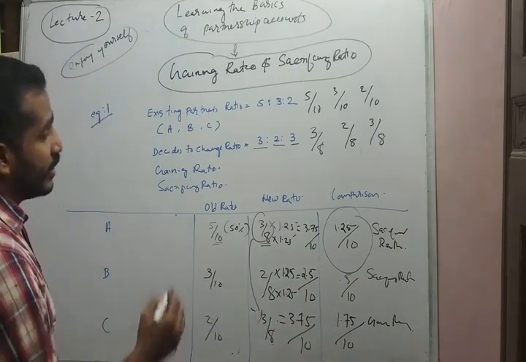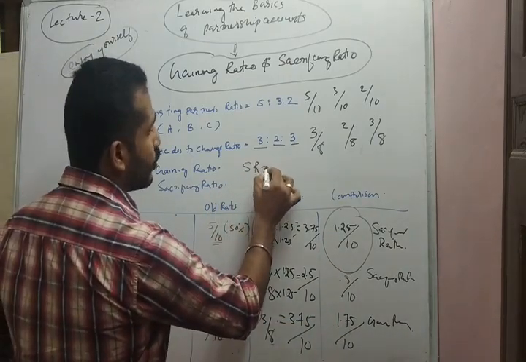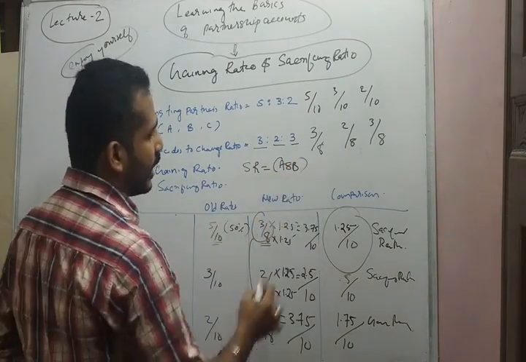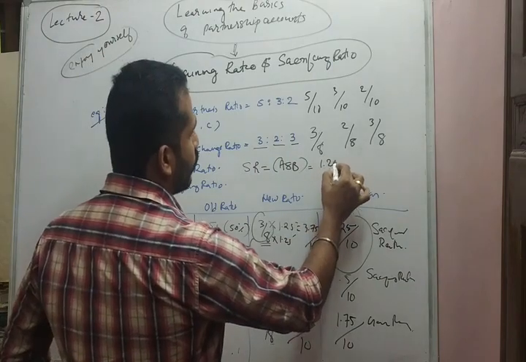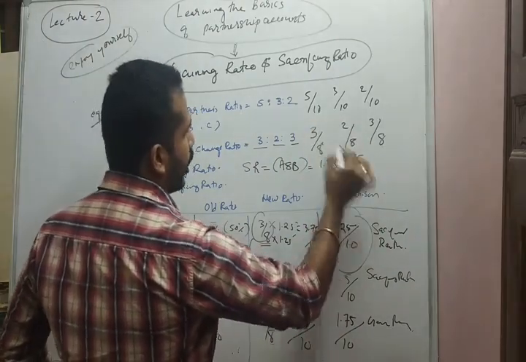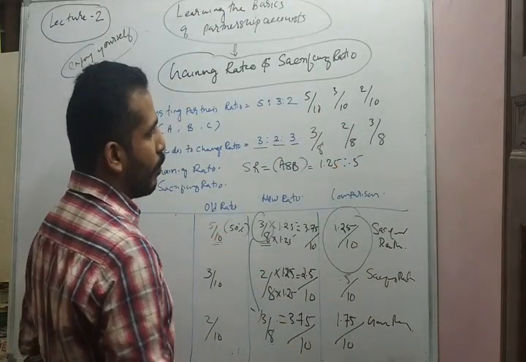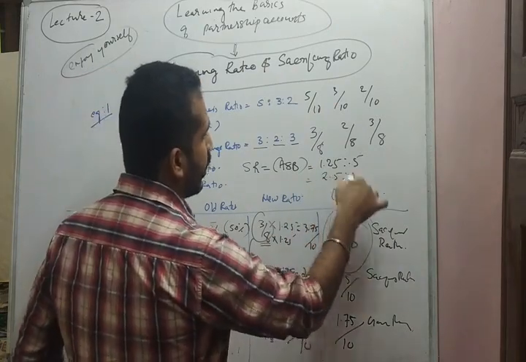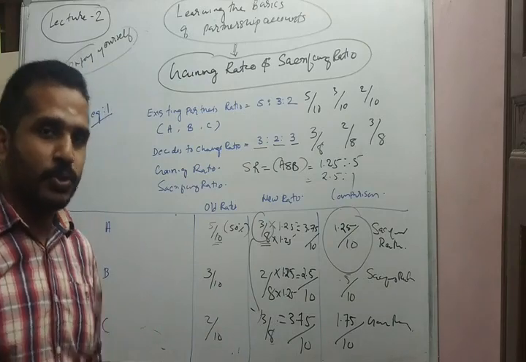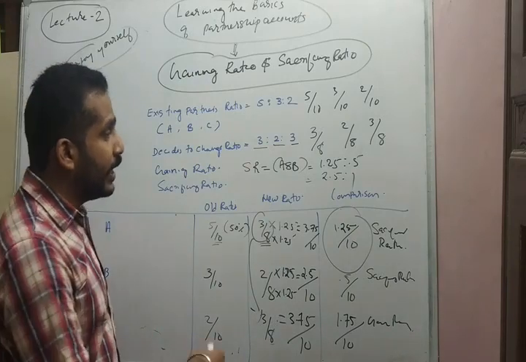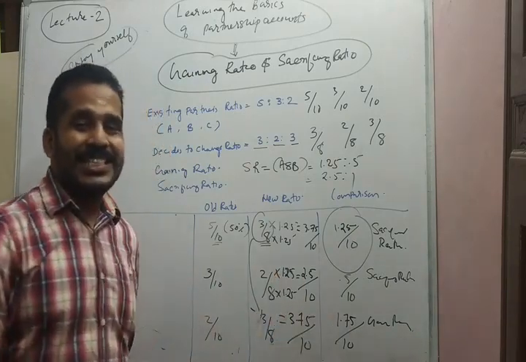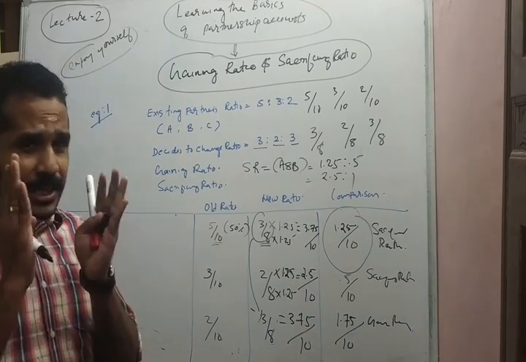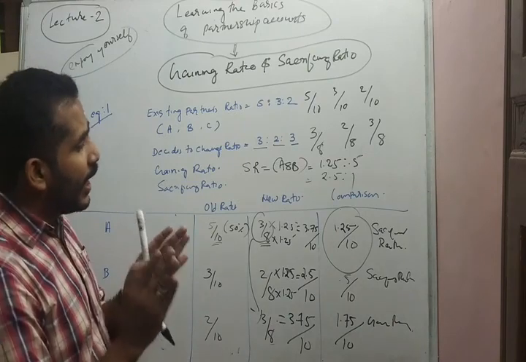So the sacrificing ratio between A and B, both of whom sacrificed, is 1.25 is to 0.5. When we multiply by 2, how much do we have? 2.5 is to 1. That is the sacrificing ratio. The gaining ratio is 1.75. So this is all about the computation of sacrificing ratio and gaining ratio.